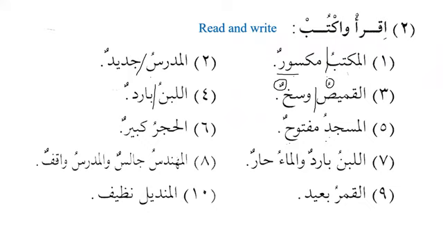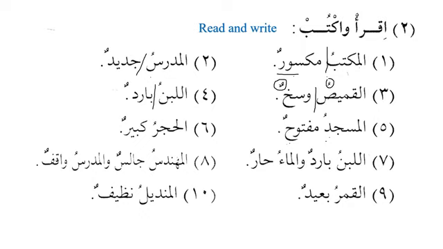Al-qamaru ba'idun. The moon is away or far away. And then we have al-mindilu nadhifun. The handkerchief is clean. Okay, excellent. So the case endings, inshallah, I'm very sure that you're confident about it.